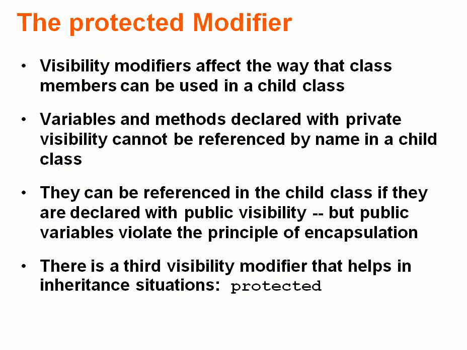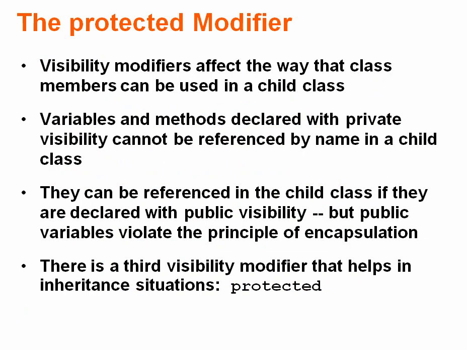They can be referenced in the child class if they are declared with public visibility. But public variables violate the principle of encapsulation, because encapsulation is where we provide security. It binds the data members and methods into one unit. So when we use public, it violates that principle.